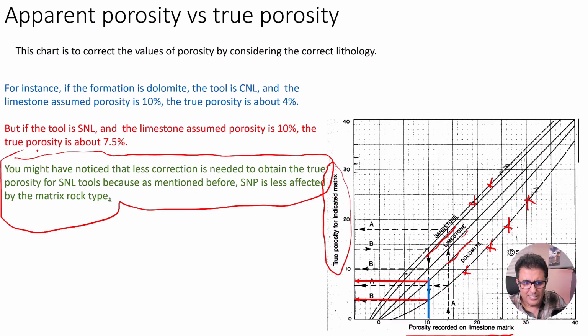So that means more correction is needed if we have a wrong assumption about lithology for CNL. And this is something that I mentioned before. CNL is more sensitive to lithology compared to SNP, and the fact that SNP is less sensitive to lithology is one of its advantages.